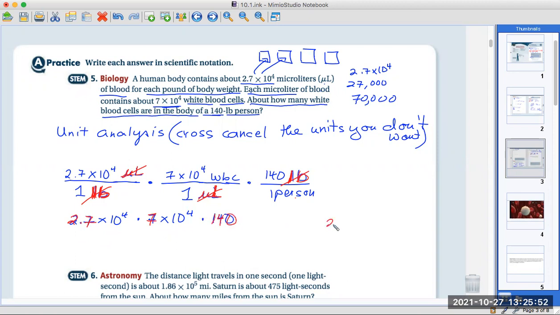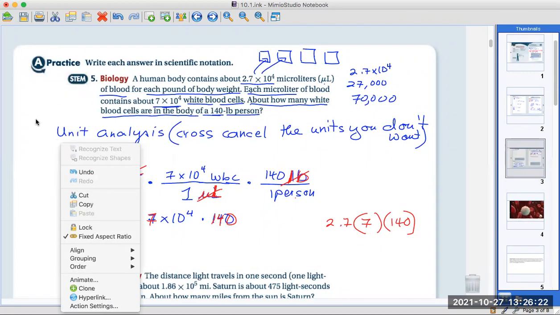So you're multiplying 2.7 times 7 times 140. Let's see what we get. Use your calculator. 2.7 times 7 times 140 is 2,646.